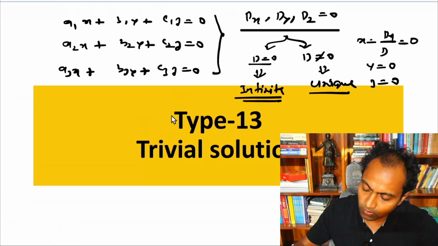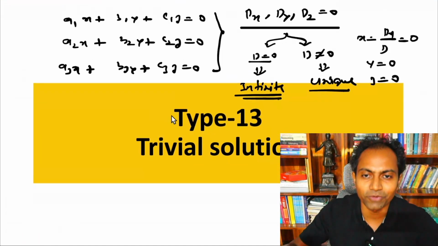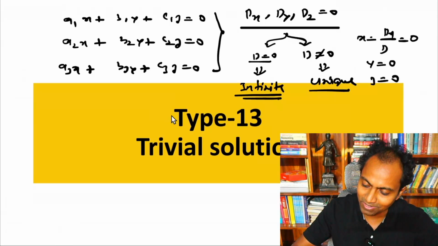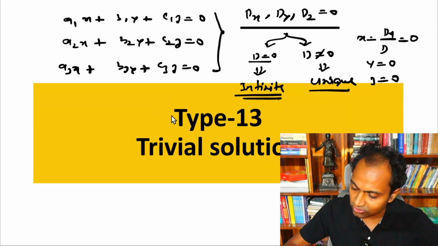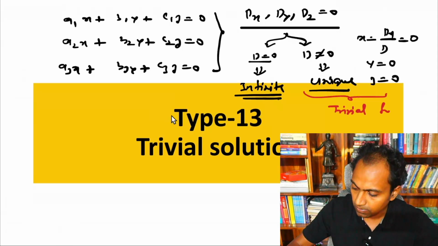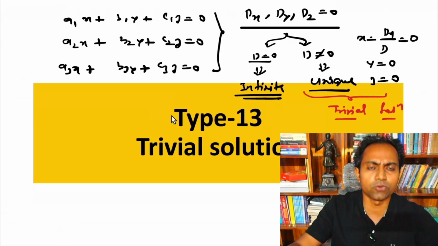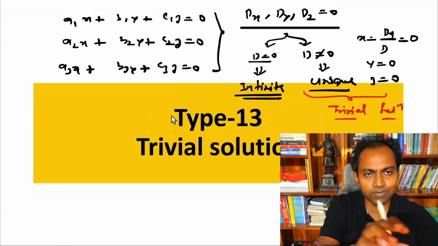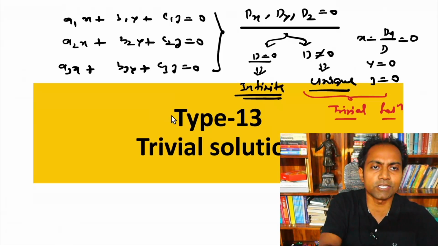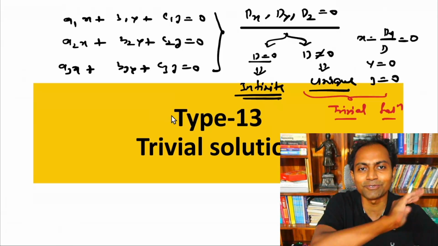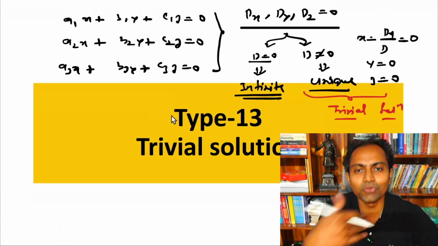Now, we have given names to both of these possibilities. The second possibility, we say, is a trivial solution. Why are we calling it a trivial solution? Because we already knew this. If there is an equation ax plus by plus cz equal to 0, of course x equal to 0, y equal to 0, z equal to 0 will satisfy it. So what is the new information you are giving?